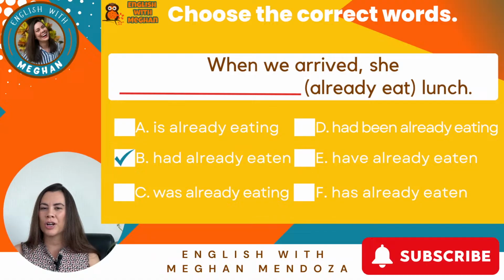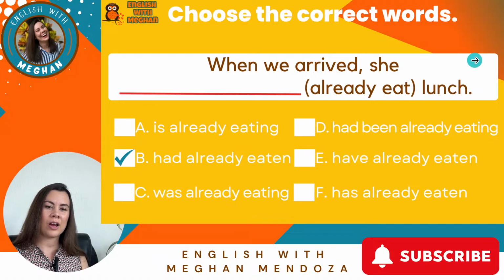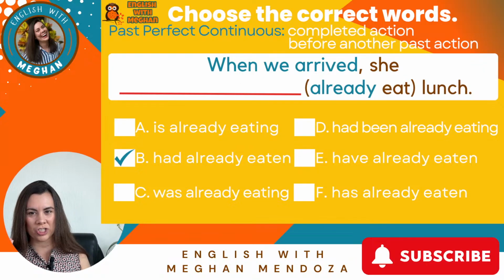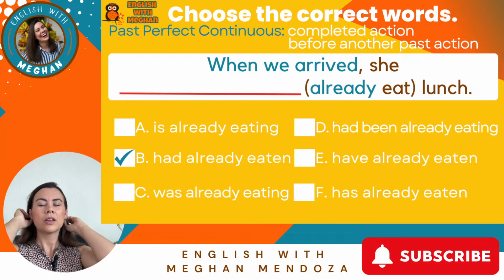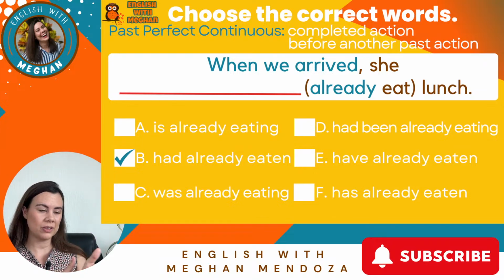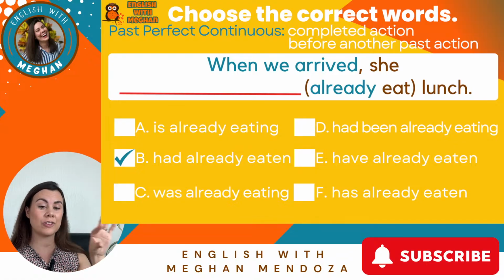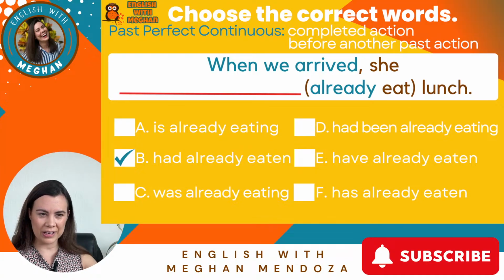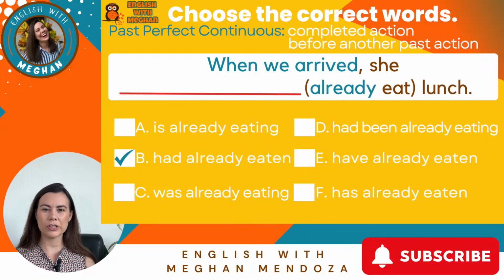Right here, we have our two actions here. We have when we arrived, so that's arriving, right? And then we also have finish eating lunch, right? Already eaten lunch. Yeah, this is confusing for sure.